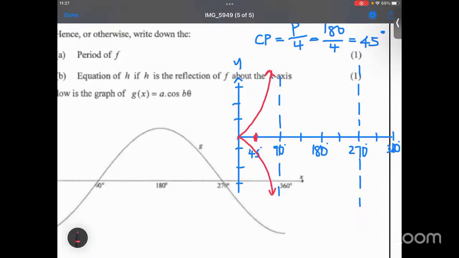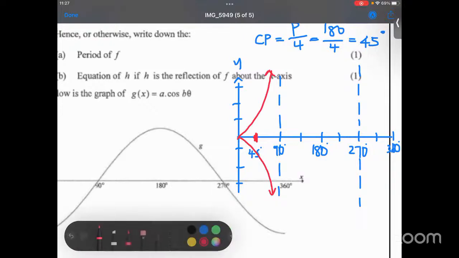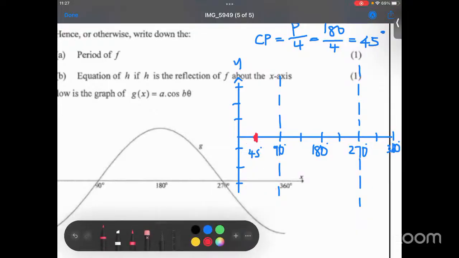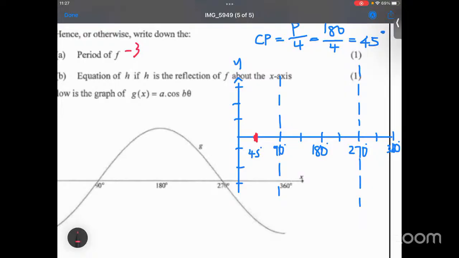That's where that critical point will be very much important, because it will tell you whether to go up or down. And how you do it, that means you will punch in negative 3 tan of that 45 degrees. Then you check what value you get. Does it give you maybe +3 or -3?